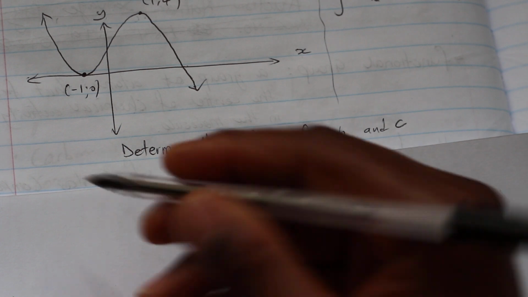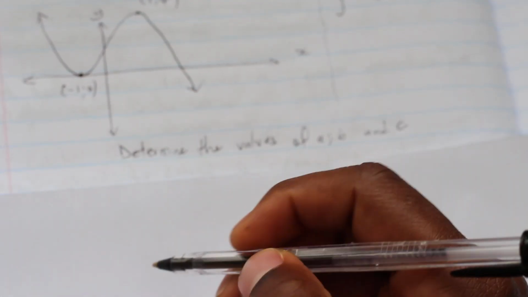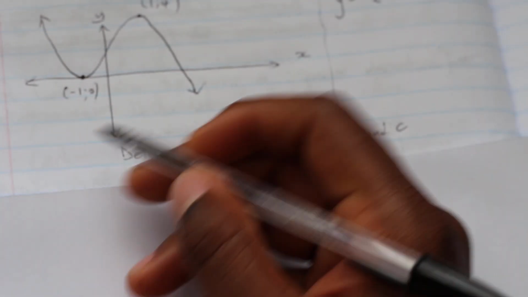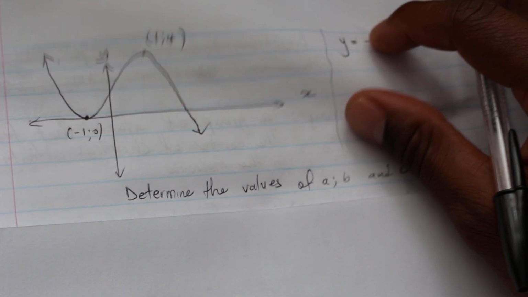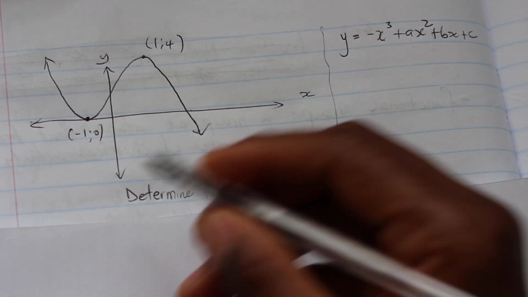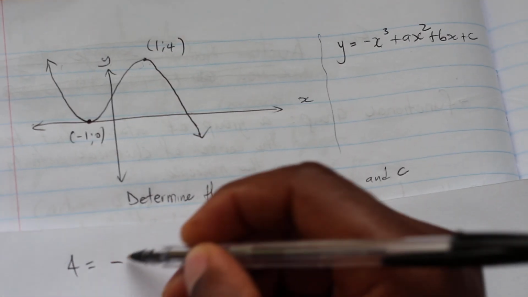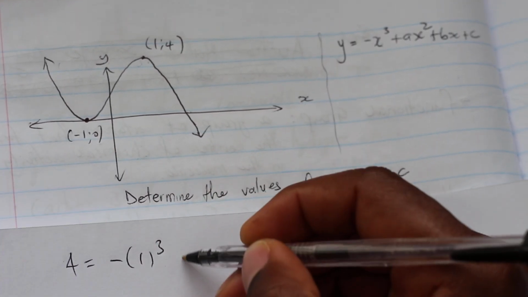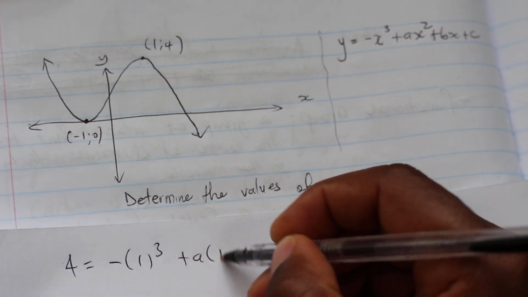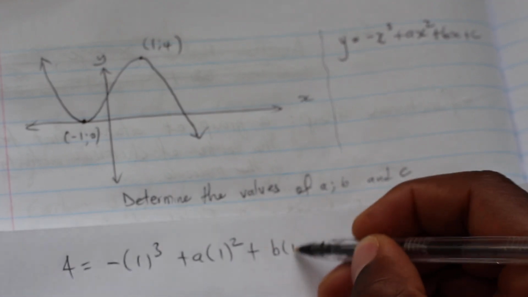So now we substitute this one and that one. The first point that we're going to substitute, that's 1:4. So we go back to our cubic equation, substitute the 4. So 4 is equal to -1, you guys remember what we got when we were attempting to solve this thing, plus b1 plus c.